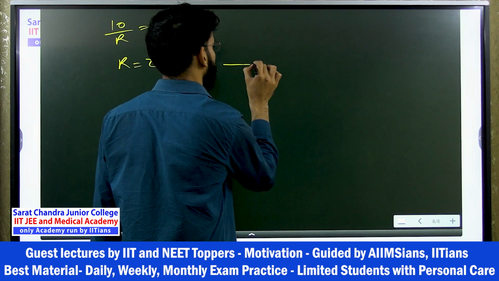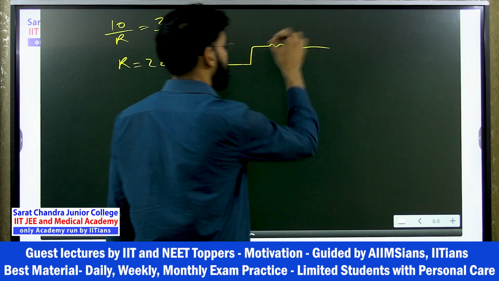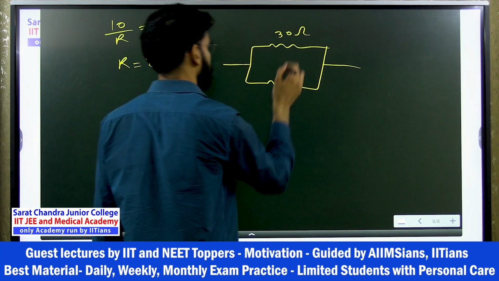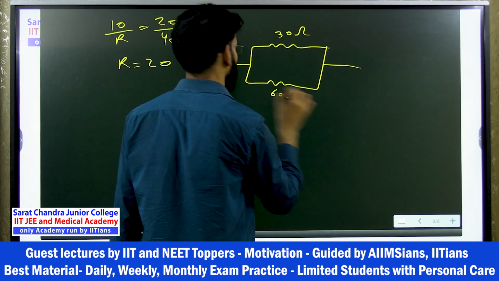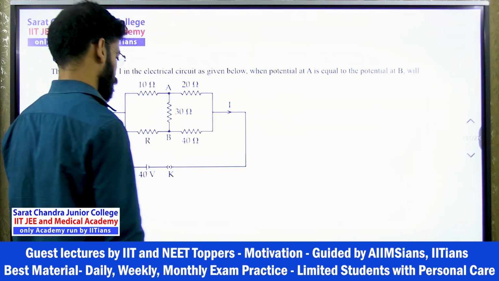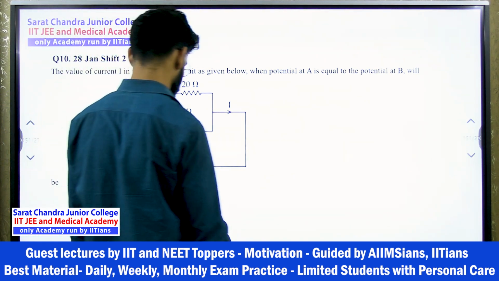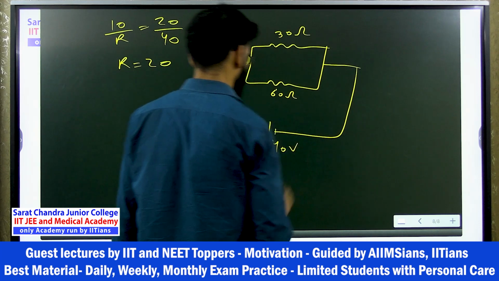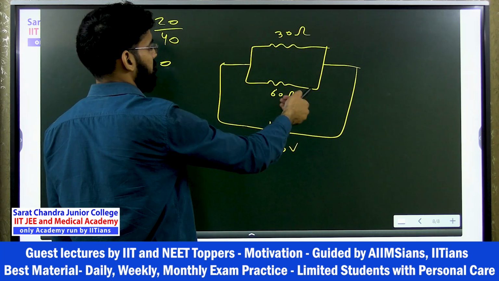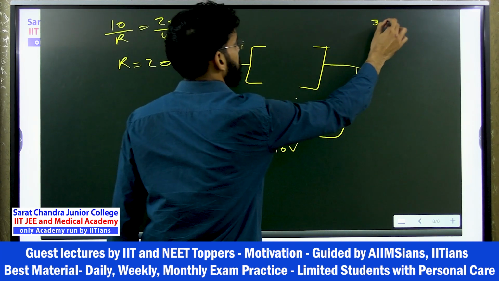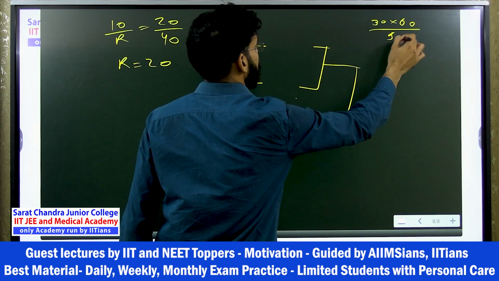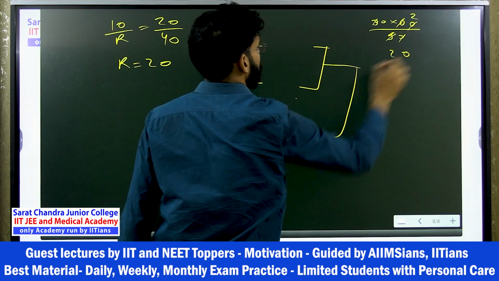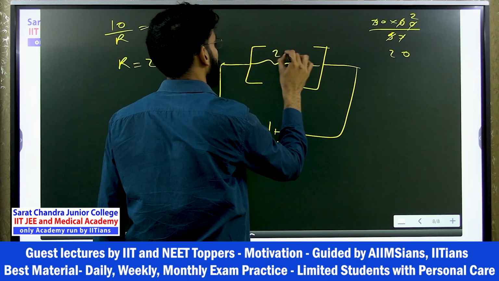This side you have 20 plus 10, that is 30 ohm, and this side you have 40 plus 20, 60 ohm, and then you have a battery of 40 volt. This is in parallel. So just write down 30 into 60 divided by 30 plus 60, 90, the 0 got cancelled out, 3 into 2, 20 ohm, right? So here it will come 20 ohm.